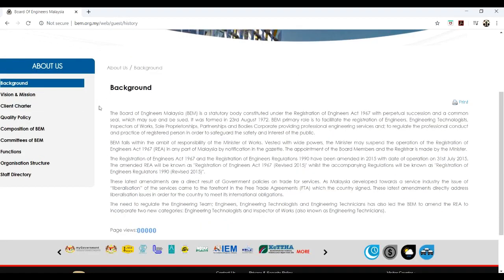Also, there is other information regarding BEM, such as the vision and mission of BEM, the client charter, the quality policy of BEM, the composition of BEM, committees of BEM, its functions, the organization structure, and lastly, the staff directory.